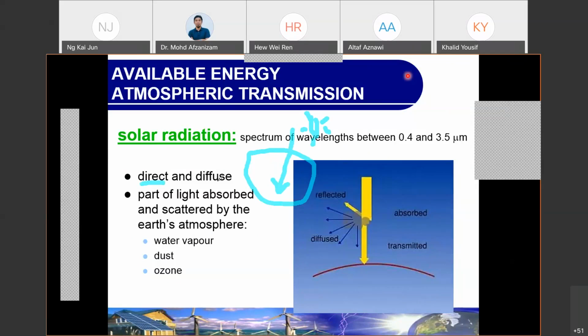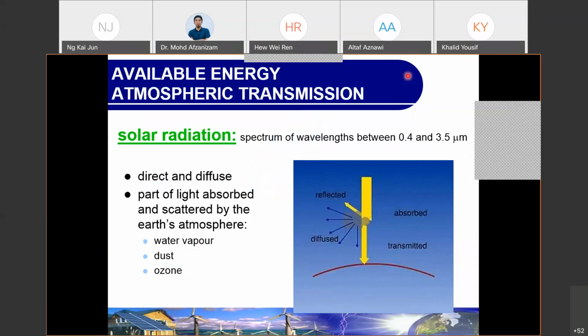The diffuse is the remaining irradiance that penetrates obstacles such as the sky before it reaches the Earth. Sometimes it undergoes interaction with water vapor, dust, and ozone from the atmosphere or the surroundings before it reaches the Earth. So that's the difference between diffuse and direct.